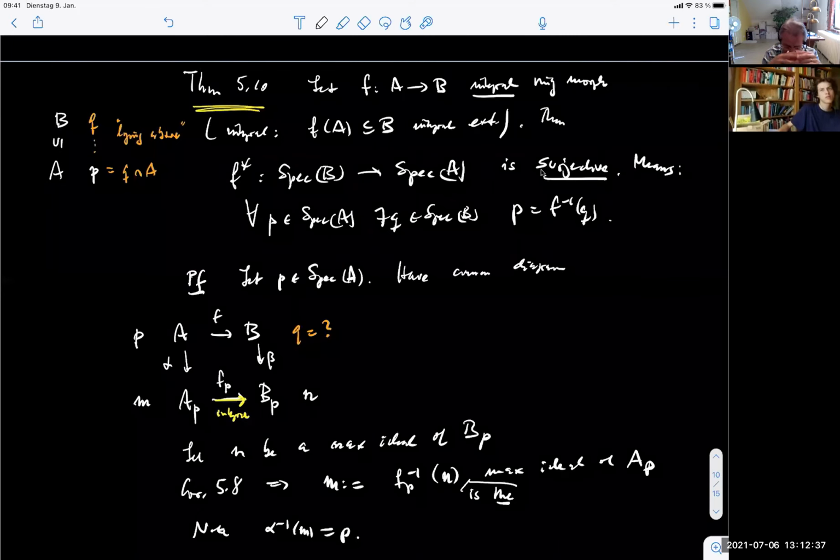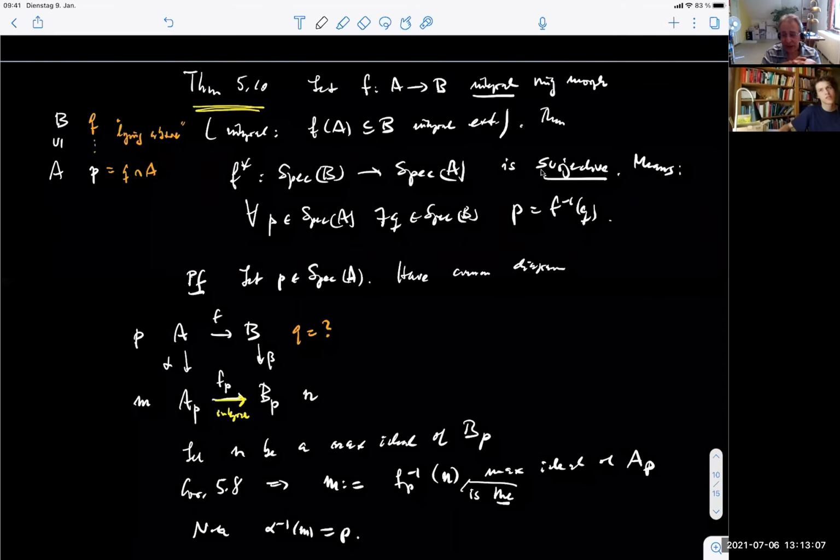Right. So certainly, if you want to prove this, this is the first thing you try. Where is the problem with this idea? I think the problem is that we need that P is a contraction ideal.